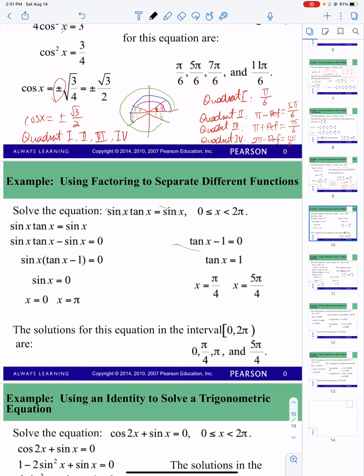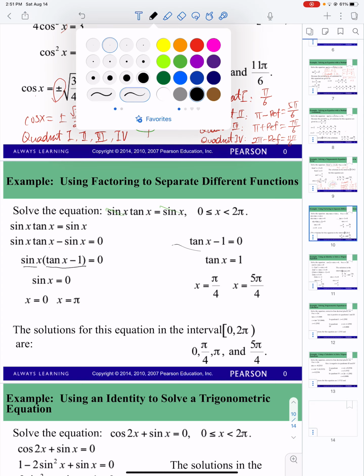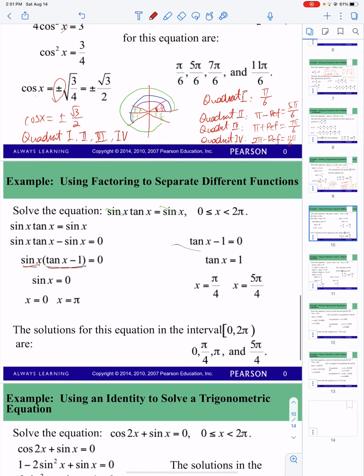Then you factor out sine x. If you have 2 factors multiplied together equal to 0, what do you get? You can let each part equal 0: sine x equals 0, or tangent x minus 1 equals 0. For sine x equals 0, x can be 0 or pi.